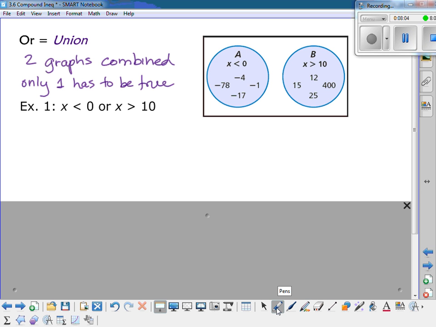Okay, only one of them has to be true. So, like the example I gave earlier, if you either take out the trash or do the dishes, you can go hang out with your friend. Do you have to do both of them? No, you only have to do one of them. So it's the same thing with our inequalities. So basically you just graph them both on the same number line.